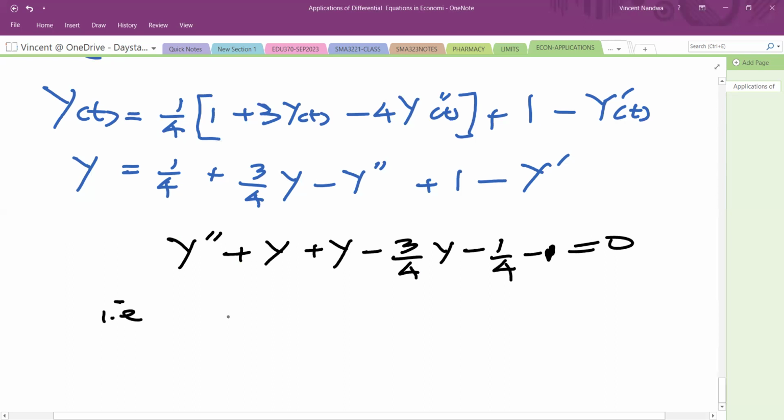So I have y double prime plus y prime. 1 minus 3/4 is a quarter.